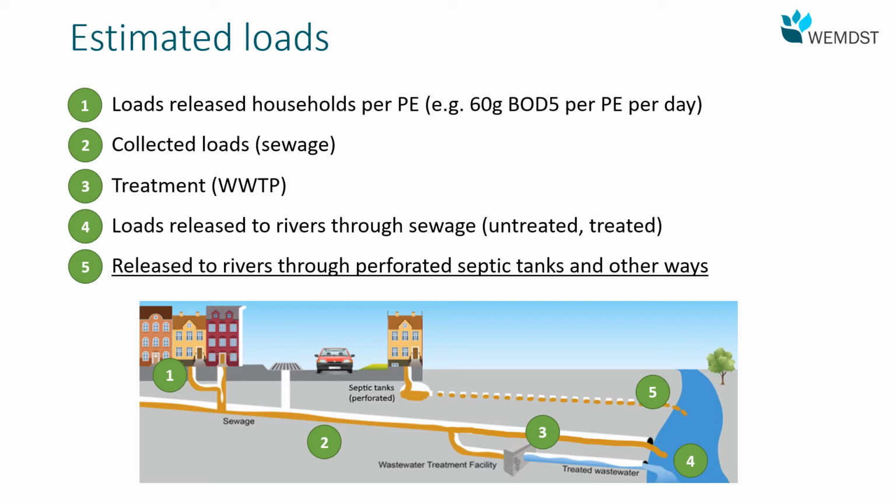First, it could be leakage of septic tanks that leaks through the ground into the water. The other two scenarios are that all the wastewater is connected and is released into the river with or without proper treatment.